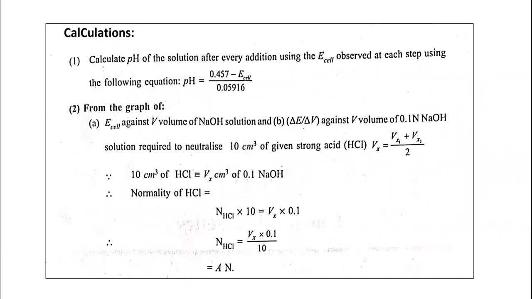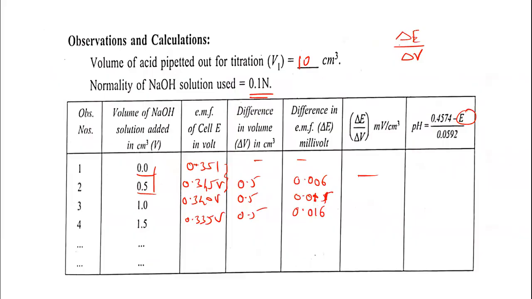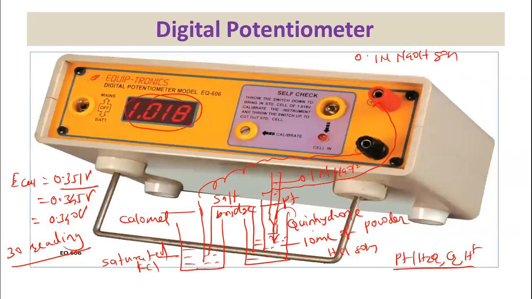By constructing the cell like this, we can construct the quinhydrone electrode and the calomel electrode, connecting the calomel electrode to the negative terminal and the quinhydrone electrode to the positive terminal, and measuring the EMF of the cell with the help of this digital potentiometer.